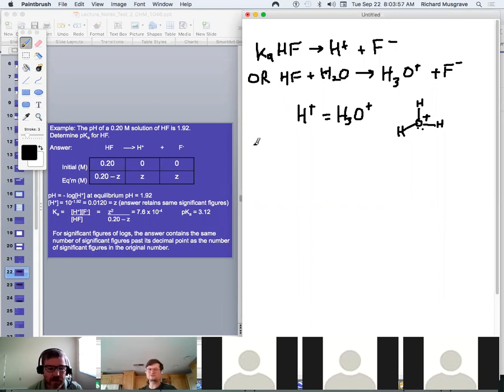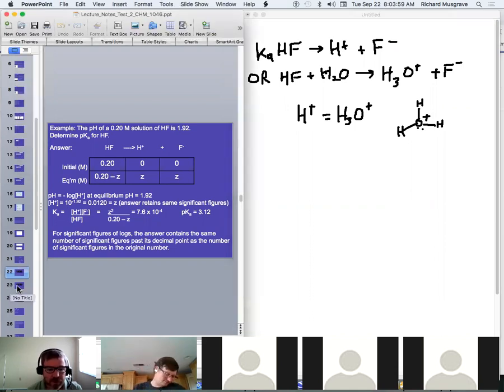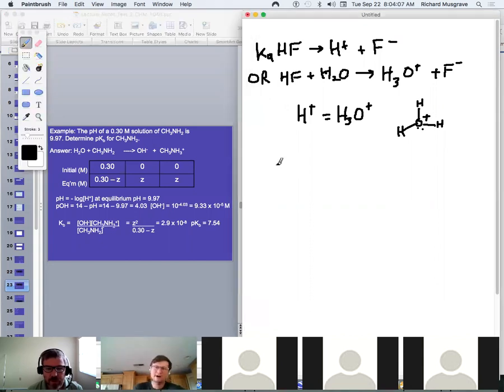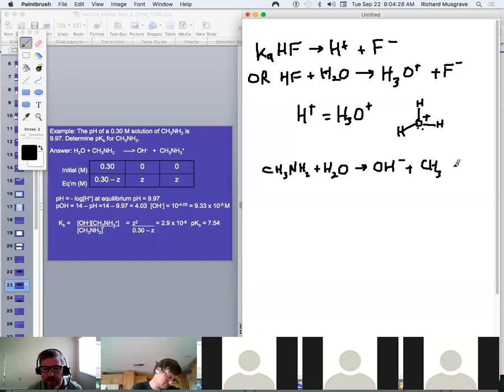Now for the Kb, let me go back to the example we did the other day. For the Kb, I have no choice. I have to do CH3NH2 plus water. The reason for that is because I know that I'm forming OH minus, and with it I'll have the conjugate acid, which would be CH3NH3 plus.